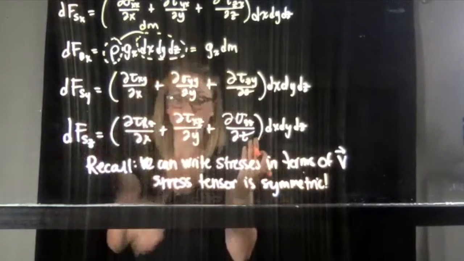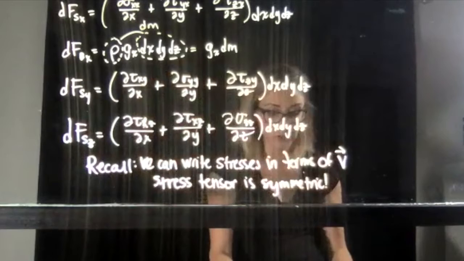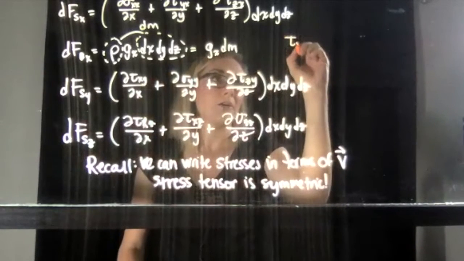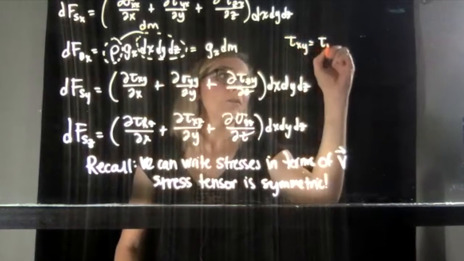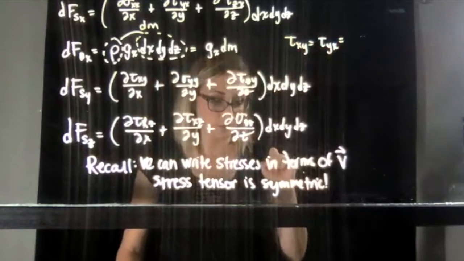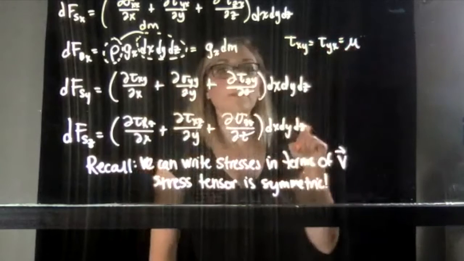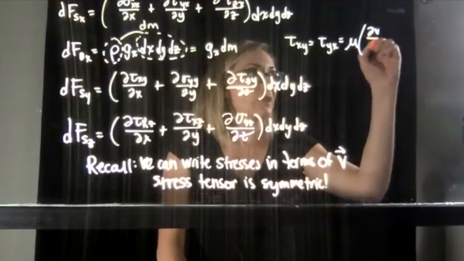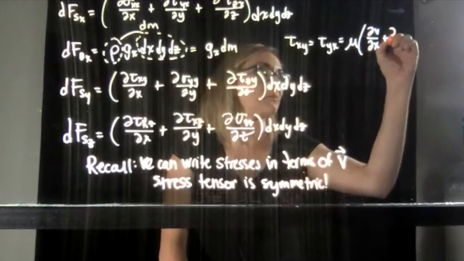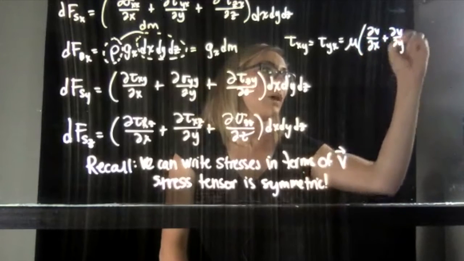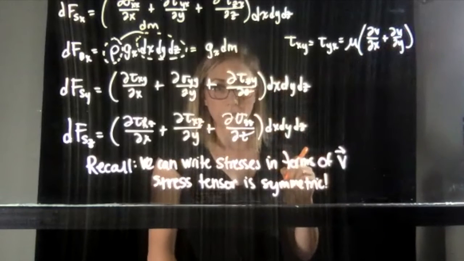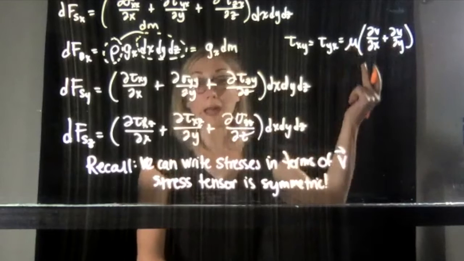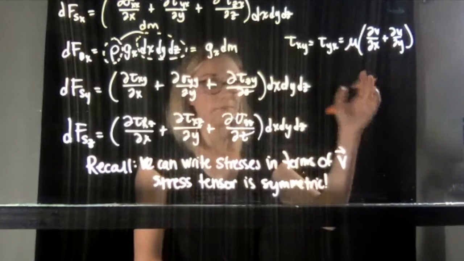And that'll become a little more abundantly clear when I write the definition. So, by this, I mean tau xy equals tau yx, which is equal to the viscosity mu times partial v with respect to x plus partial u with respect to y. Okay, so whether you switch these two differentials, they're additive, right? So it's the same.